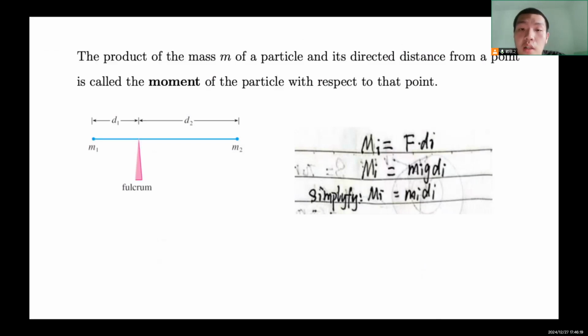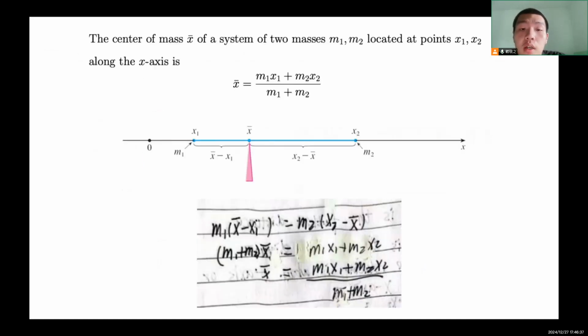Next, we will talk about the moment and the center of mass. The moment can be understood as how much power a point can cause in the system, which is moment equals F times dy, which can simplify to m g times dy. And the center of mass can be seen as a point where all the moments balance.